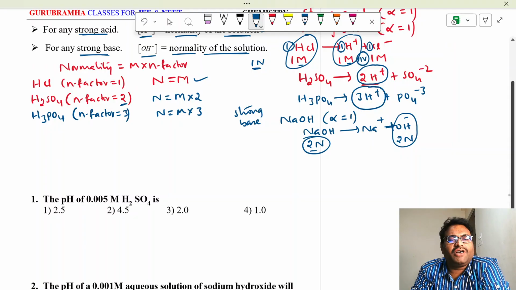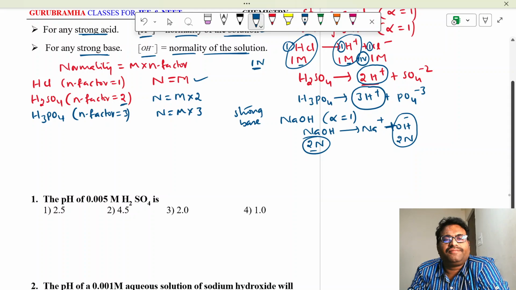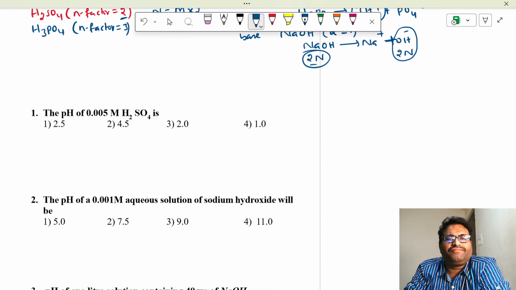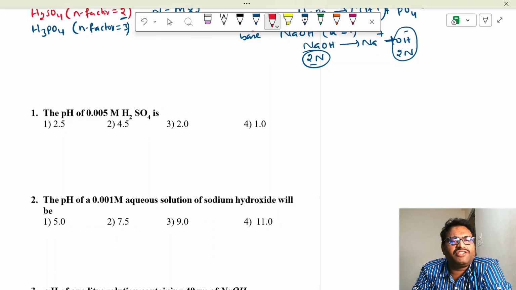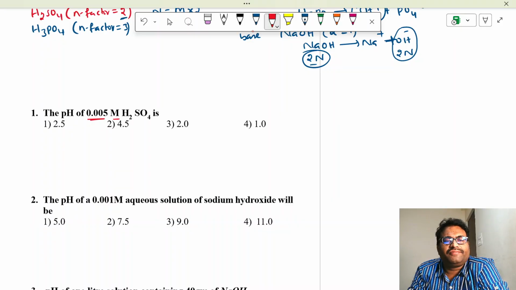So again, we have to understand that normality is equal to molarity into N factor. Based on this, we shall solve some questions. First question: what is the pH of 0.005 M H2SO4 solution? H2SO4 is a strong acid. Its molarity is given as 5 into 10 power minus 3.